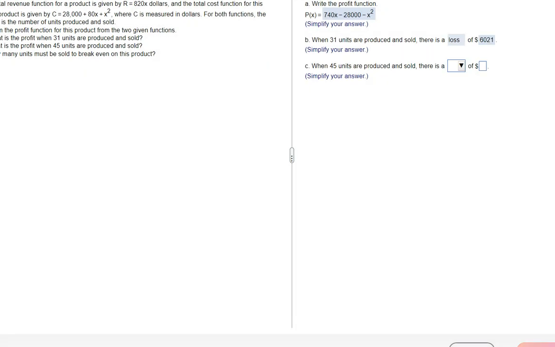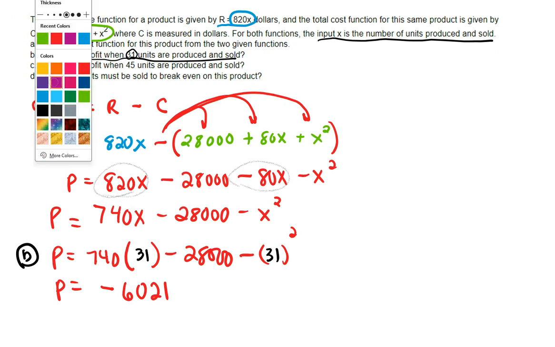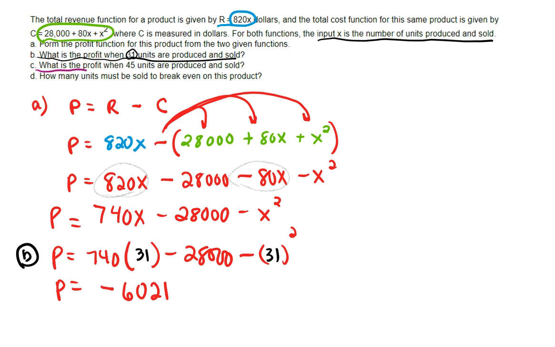Fantastic. And then part C pops up and it says basically the same thing. Let's pick a different color. How about purple? And then part C is what is the profit when 45 units are produced and sold. So for part C, I'm going to be extremely lazy here.